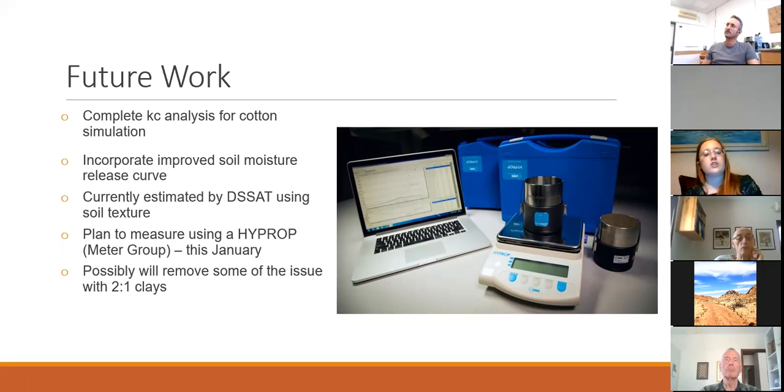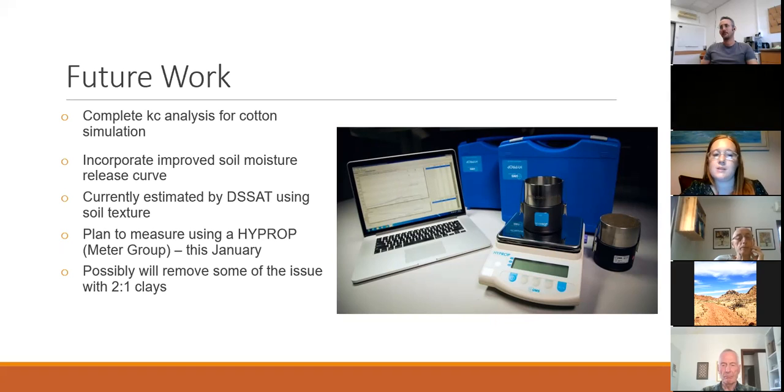In the model that I showed you, the soil moisture curve was simulated by DSSAT using the soil texture as input. However, it is possible to go in and change that as a DSSAT user. And that's what we are planning to do when we calculate our actual soil moisture release curve using the HYPROP.